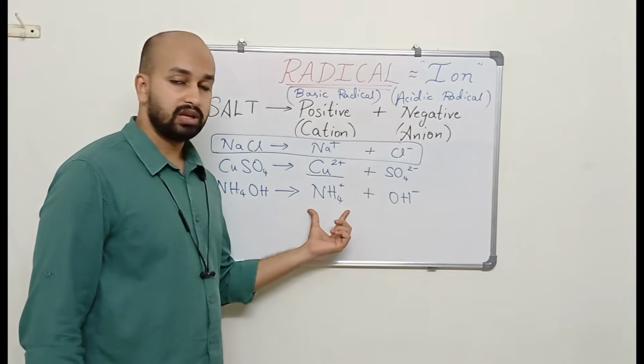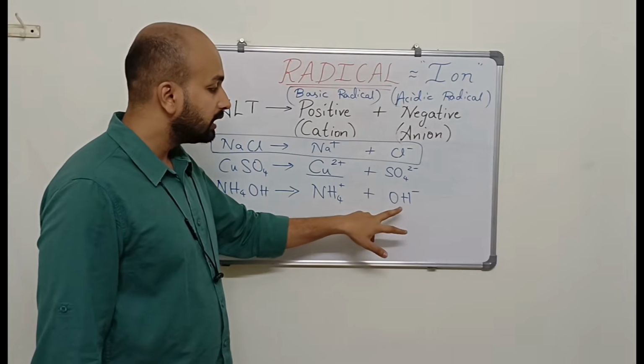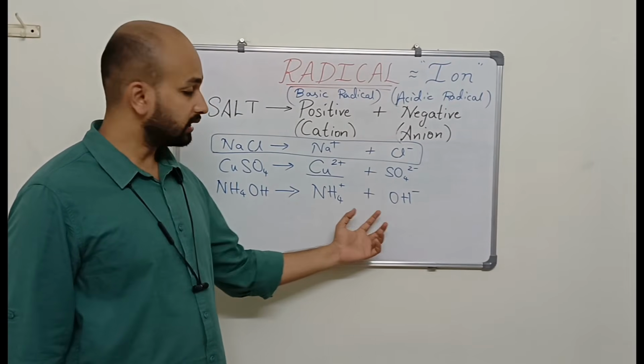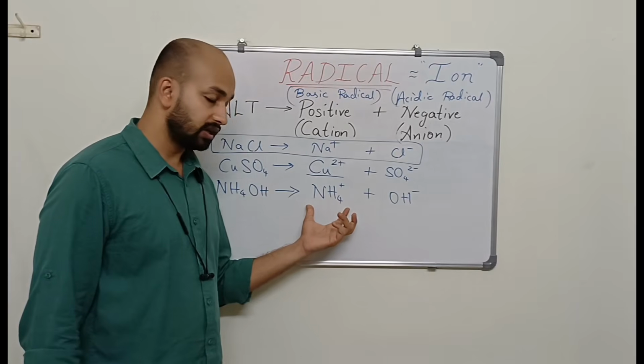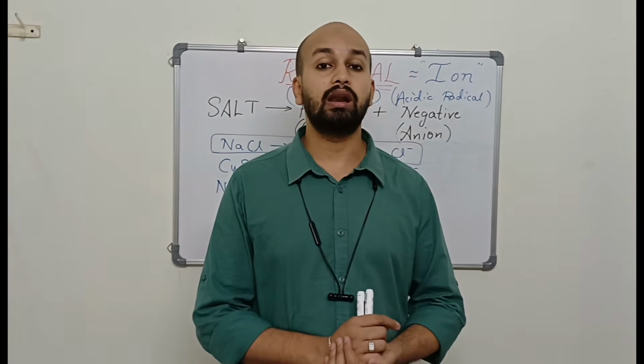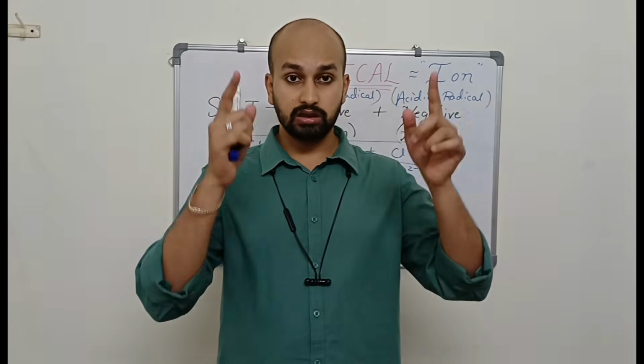Here see how many atoms are there? 5 atoms, that is 1 nitrogen, 4 hydrogen. Here 1 oxygen and 1 hydrogen, 2 atoms, correct? So this is a basic radical, this is an acidic radical. So these are what radicals are. You can refer more about radicals in the given table.